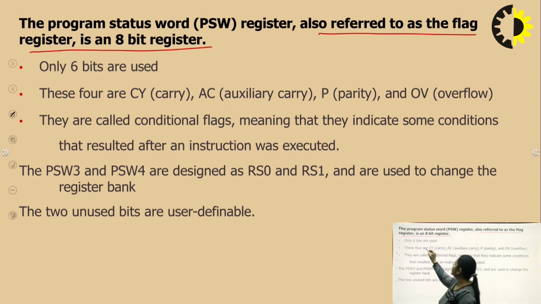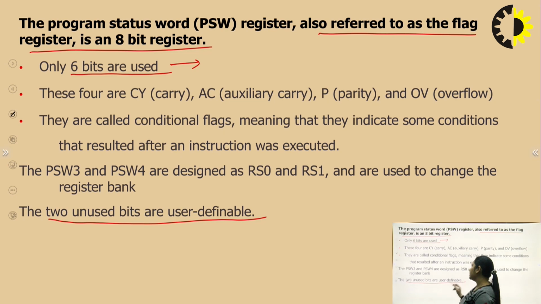The other remaining 2 bits are unused bits which are user definable. And out of these 6 bits, 4 bits are conditional flags.